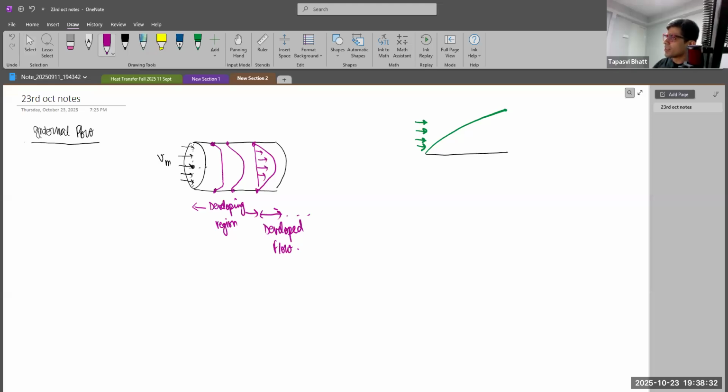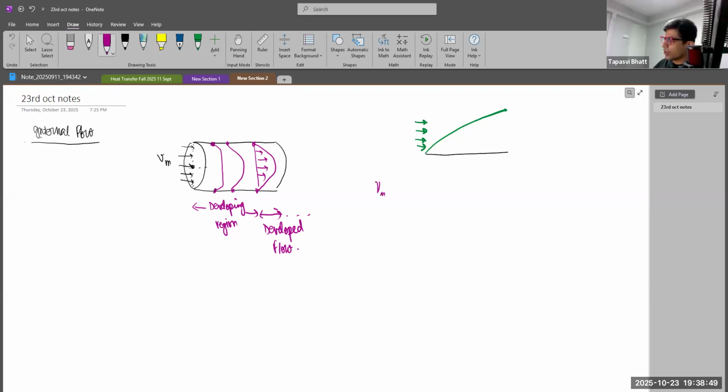Okay, so this is how the internal flow works. There are a few correlations which are there specifically for internal flow. So I'll just write them down here because I don't have time to discuss how they are derived.